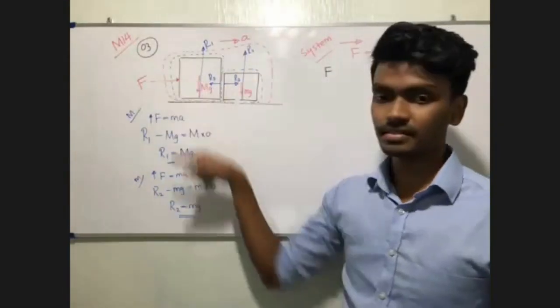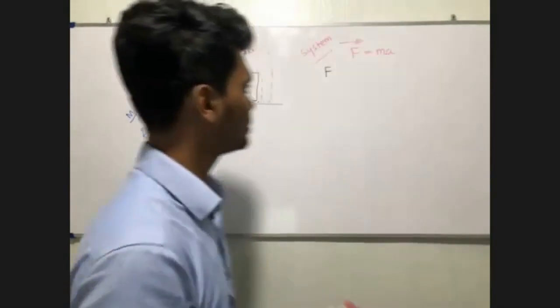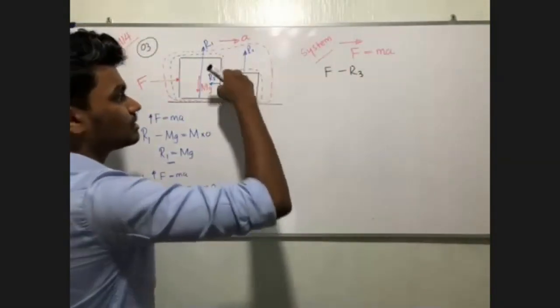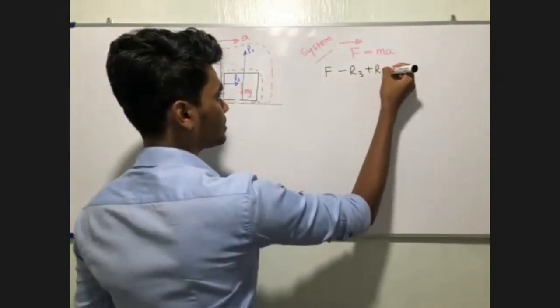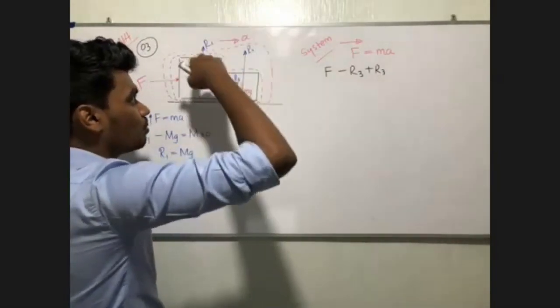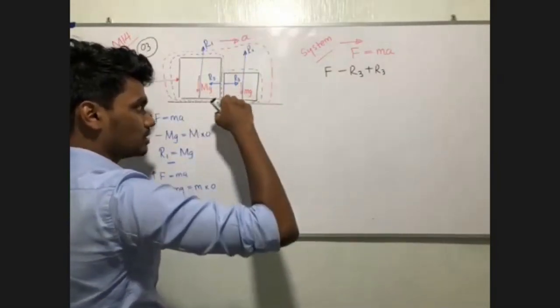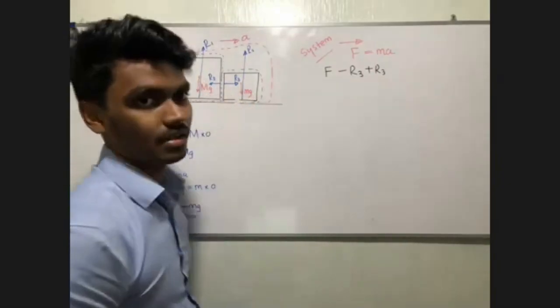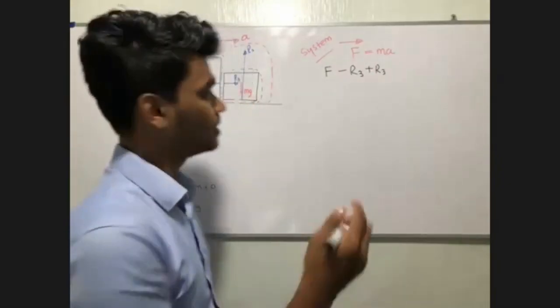R3 is in this direction, and minus R3 on this one, in that direction. Because when you consider the system, both objects are included, so we need to consider the forces acting on both of these objects.